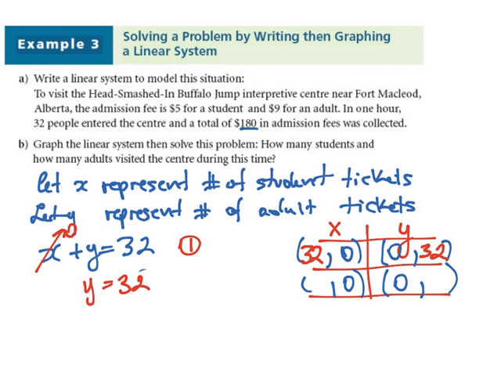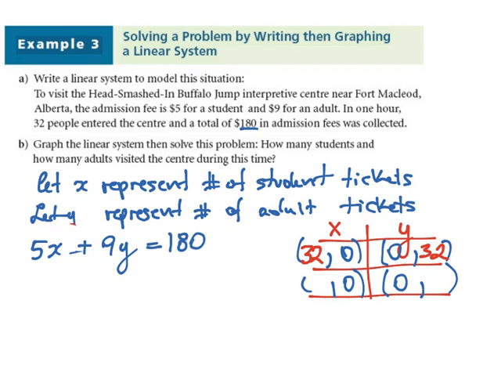We'll do the same process for the second equation. For the x-intercept, y becomes 0 for the second equation. Therefore, we get 5x is equal to 180. Then we divide both sides by 5 to isolate for x, and x is equivalent to 180 over 5, which is 36.